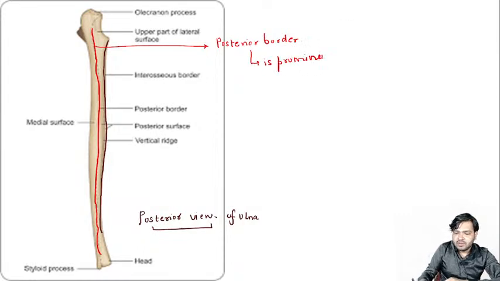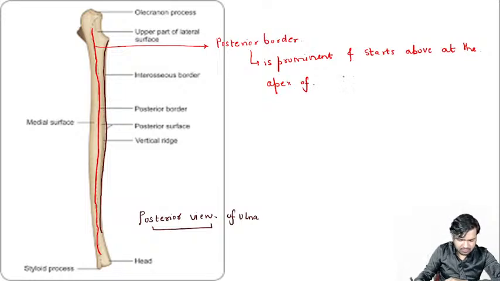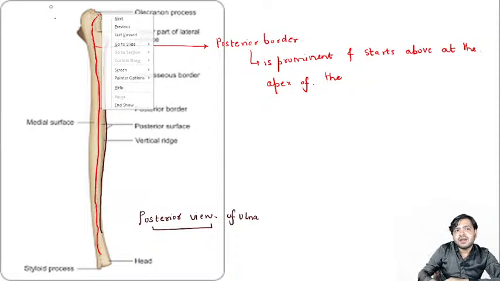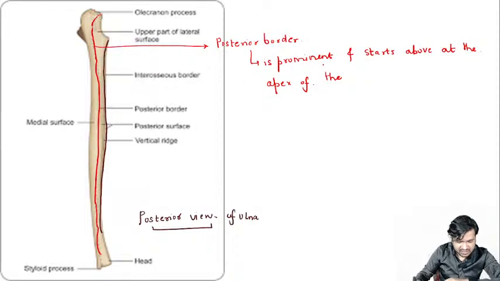It is prominent and starts above at the apex of the posterior surface of the olecranon process. Okay, it starts at the, ये जो olecranon process है, इसकी जो apex है, it is starting from this particular apex, that is the posterior border, guys.